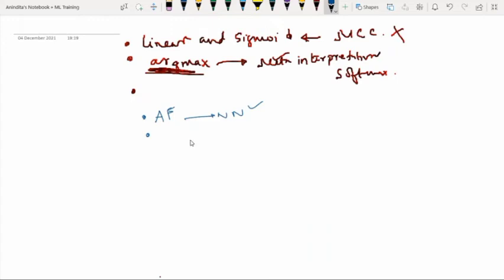Now, the default activation function for hidden layers: we generally prefer to use the ReLU function. So except for the RNN, all other neural networks like CNN and feed-forward neural networks prefer to use ReLU in the hidden layer. The third point is the activation function for the output layer.